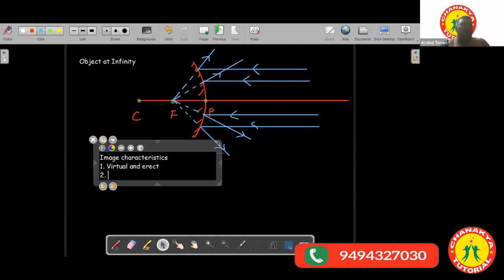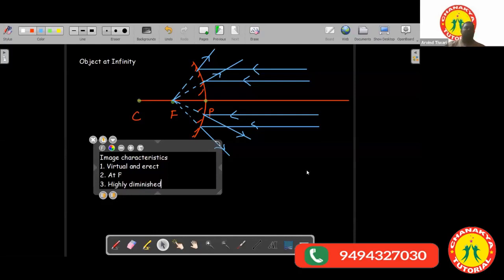So the image formed is virtual and erect. It is formed at focus, and the image is highly diminished. It's very small.